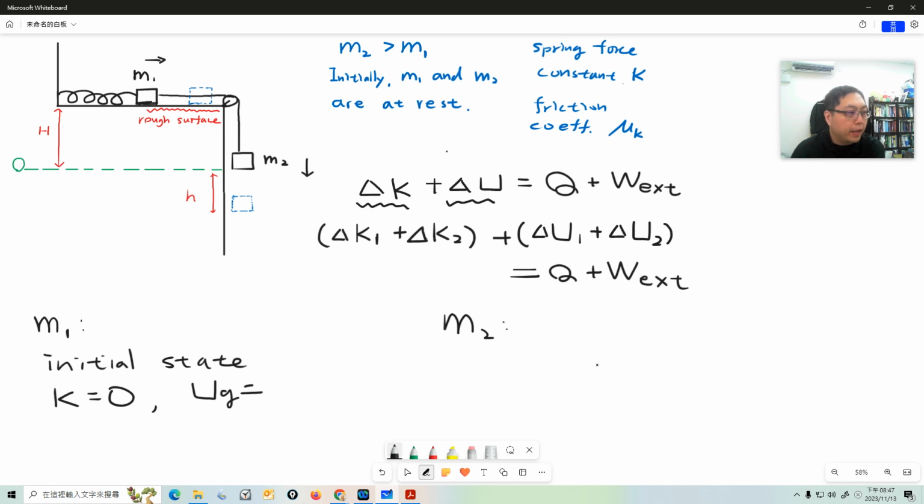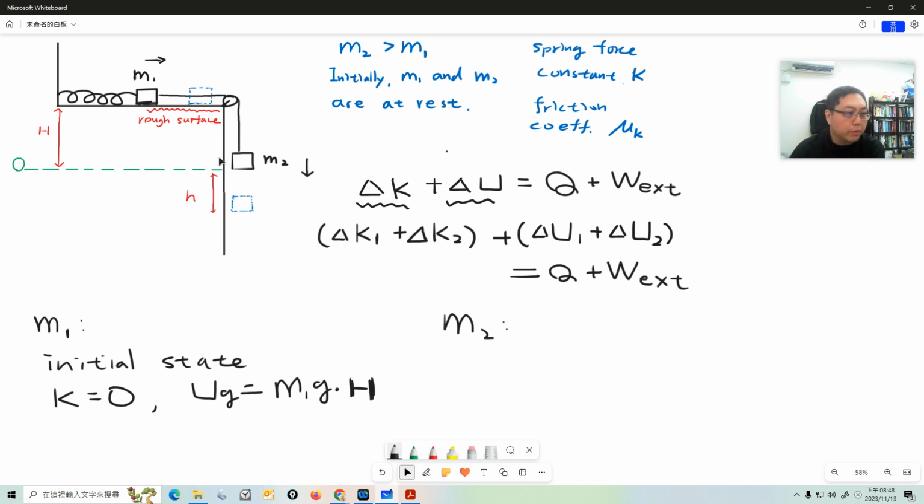I set the origin of the y coordinate here, the green dashed line, as 0, and suppose initially the position of M1 is capital H from the origin. So this is M1 g times H.